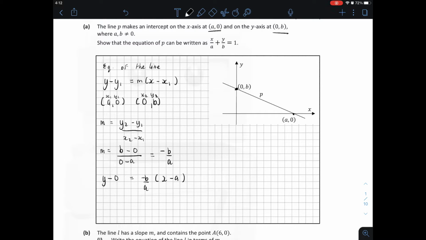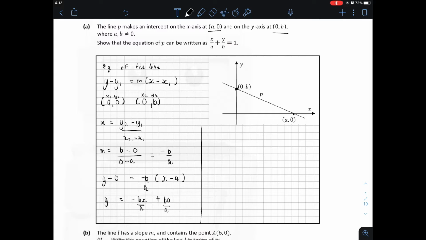Now I have my points in my equation of the line. I'm going to expand and manipulate my formula so it's written in the form asked for in the question, x over a plus y over b equals 1. Let's expand this. We're left with y equals minus bx over a. Minus b over a times minus a gives me plus ba all over a.